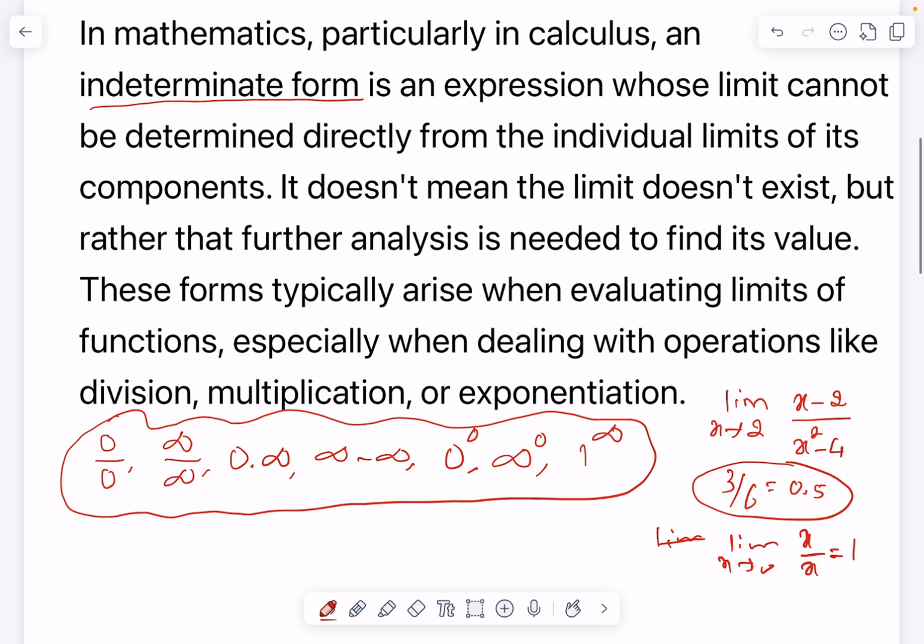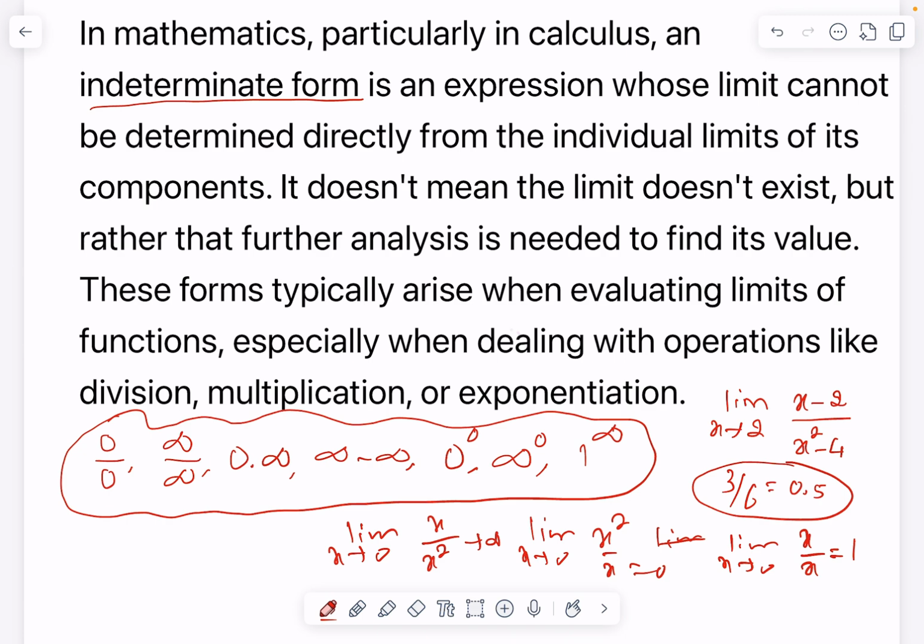But if I write limit x tends to 0, x square by x, then its value is 0. If I write limit x tends to 0, x by x square, then we know it does not exist because it tends to infinity. So these are all indeterminate forms.